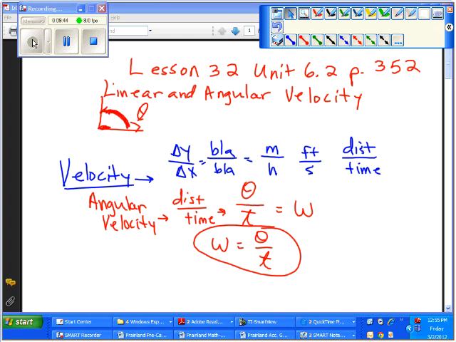Now, why are we saying it like that? Well, here's the deal. We could be on this merry-go-round, you see, and some guy might be right out here, and somebody else might be right here, and somebody else might be right here. As far as angular velocity, who's going faster? Nobody.